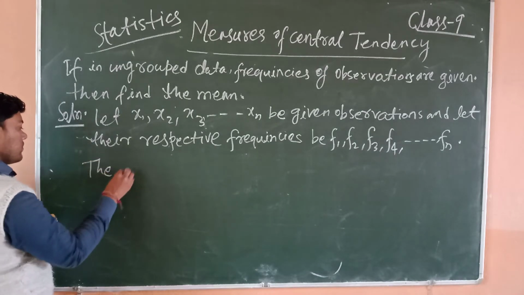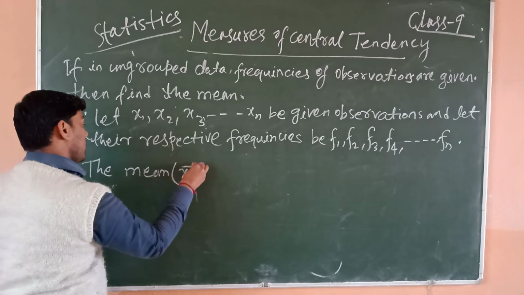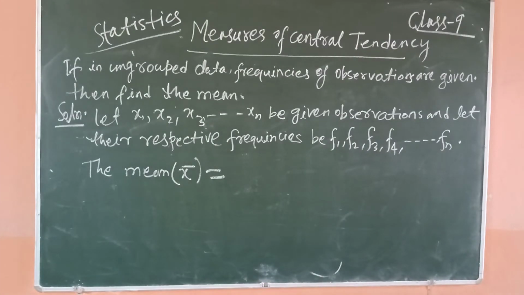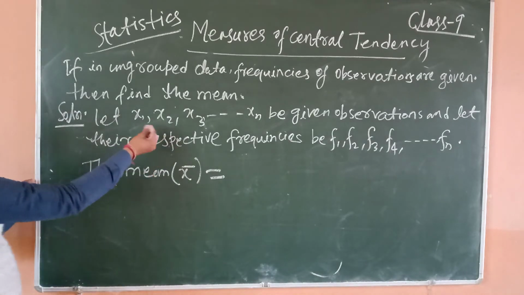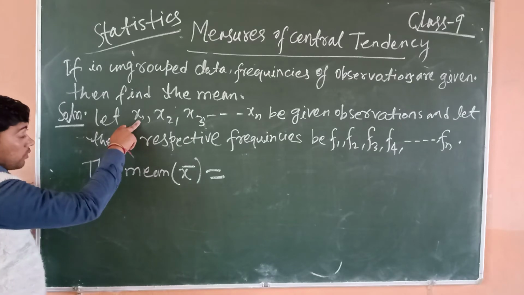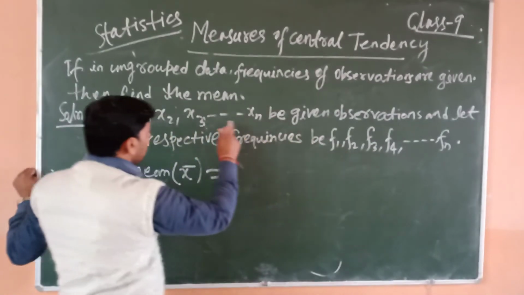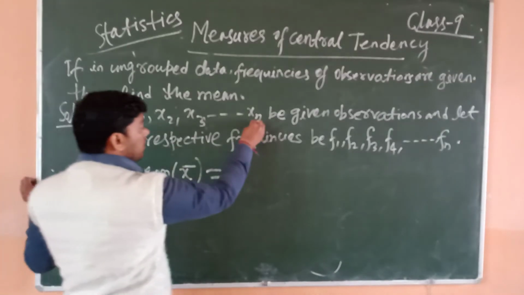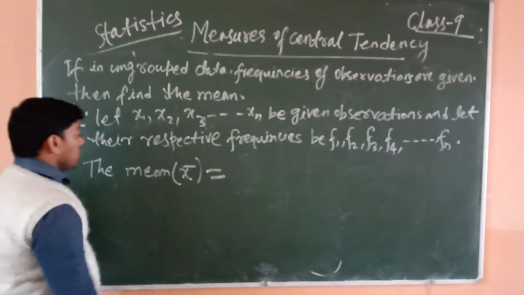Then mean x bar is equal to sum of all observations. There is frequency: x1 occurs f1 times, x2 occurs f2 times, x3 occurs f3 times, and dot dot to xn occurs fn times.